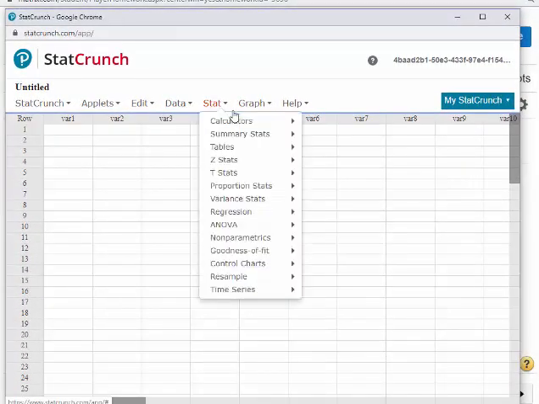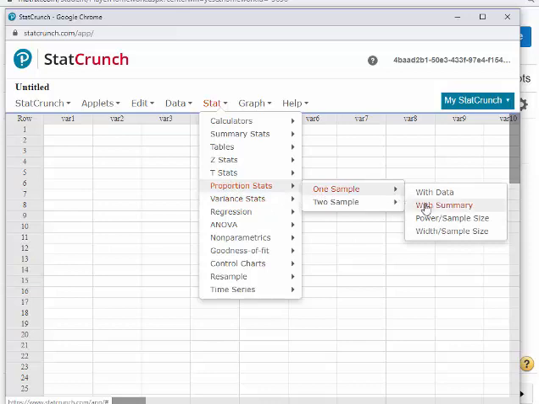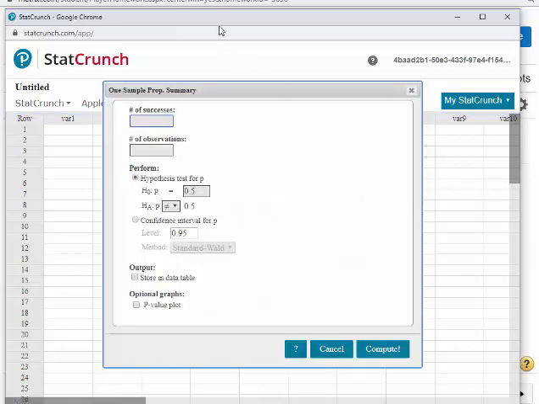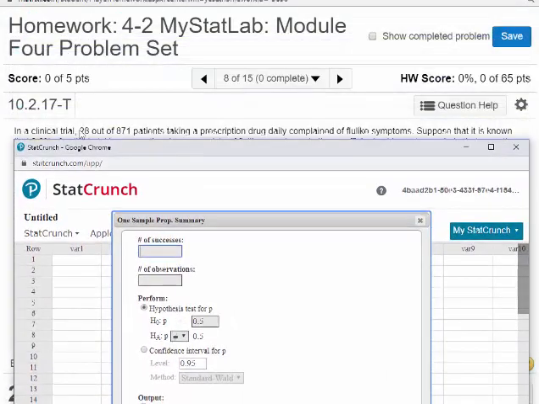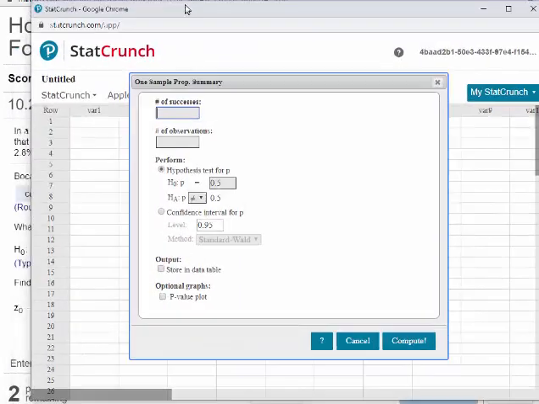To do this, you're going to go to Stat, and whenever you're dealing with a proportion, it's always going to be Proportion Stats, One Sample, and they're giving you the summary of data. The first thing it asks for when you click on this is the number of successes. If you look, it was 28 out of 871 patients.